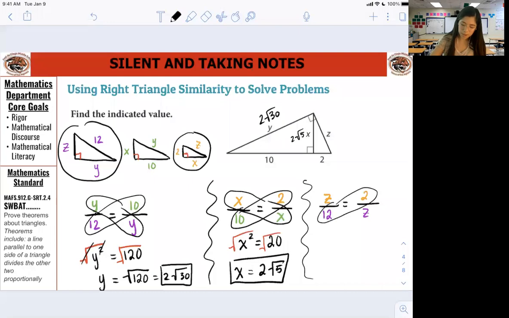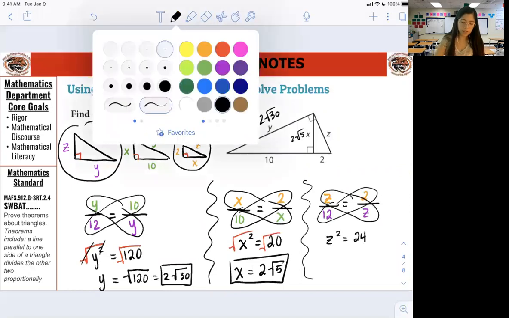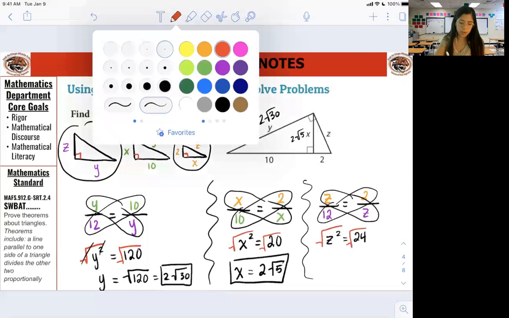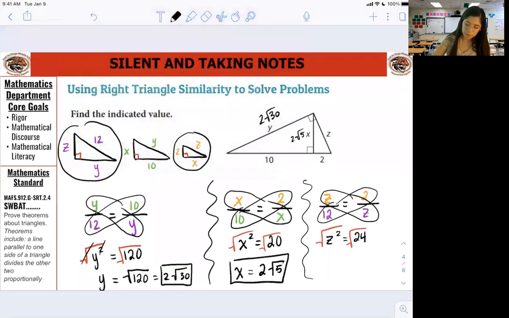Cross multiply. I get Z squared equals 24. So go ahead and see on your own, try to get what do you get when you simplify the square root of 24? Think about it, do it on your own, and we'll see if we get the same answer.